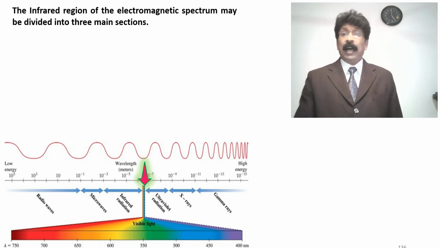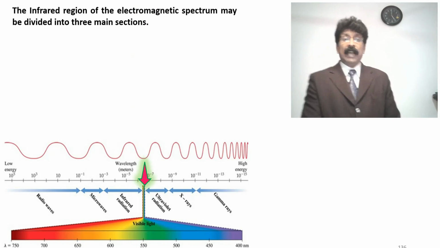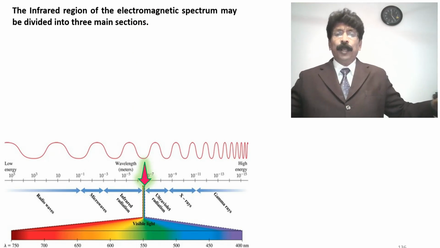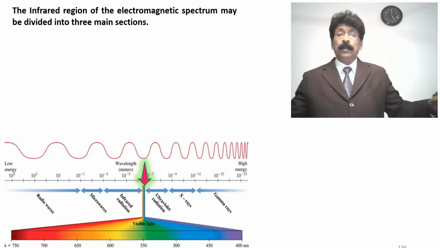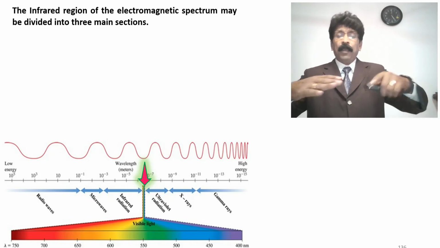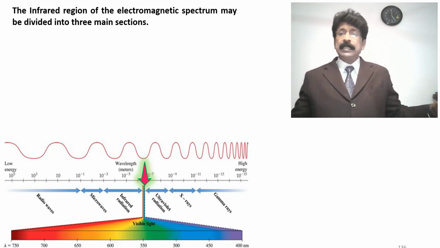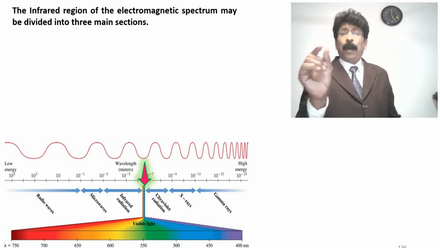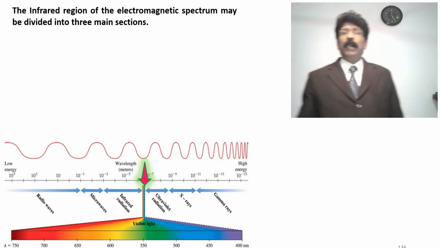The arrow which I am showing is very small, and we made it in nanometers instead of showing in centimeters of 10 to the power of minus 7. If you enlarge it, you can see very clearly 750 to 400 nanometers. It's a small part which is visible by our normal eye.